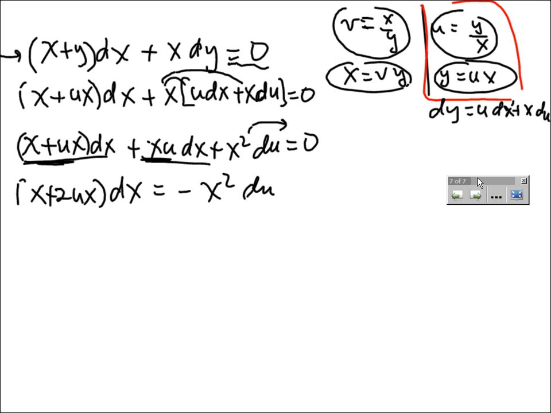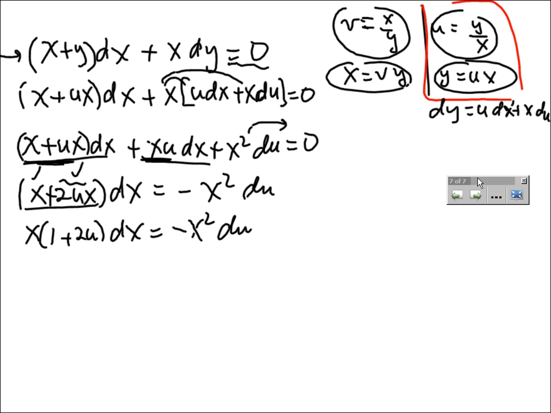I want to get the x's by the dx's and the u's by the du's, but I can't do that just yet. I need to factor. Here, I can factor out an x. x times 1 is x, plus x times 2u is 2ux, dx. Now, the factors are either factors involving x's or factors involving u's.